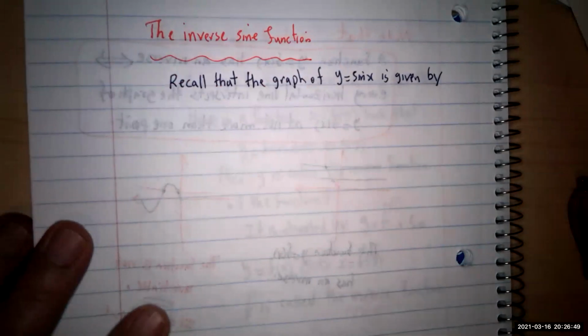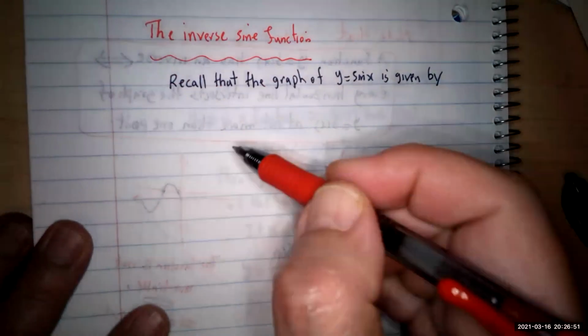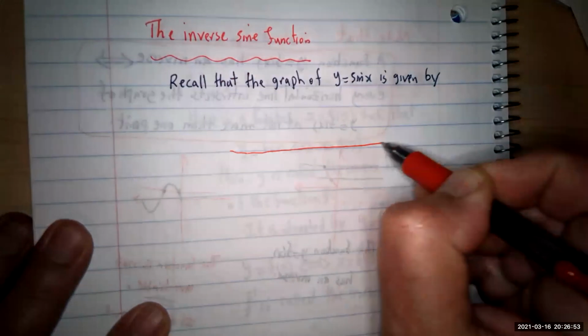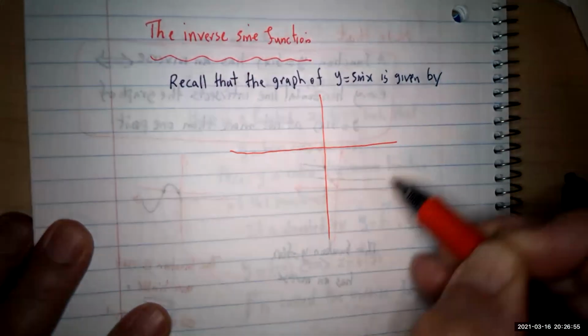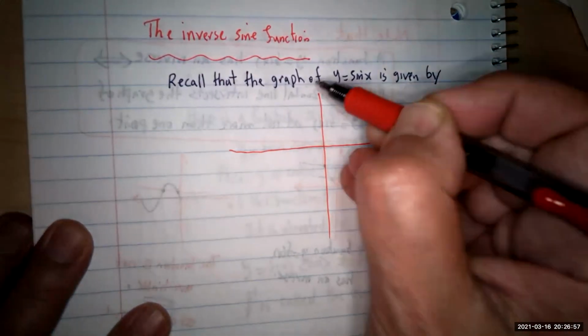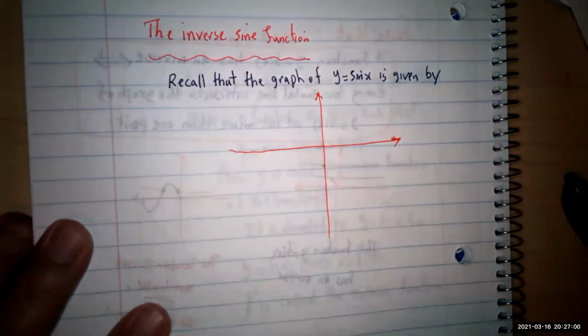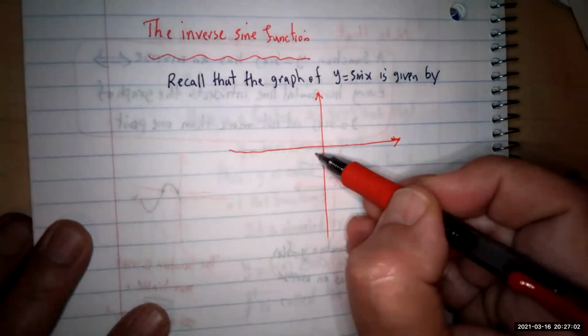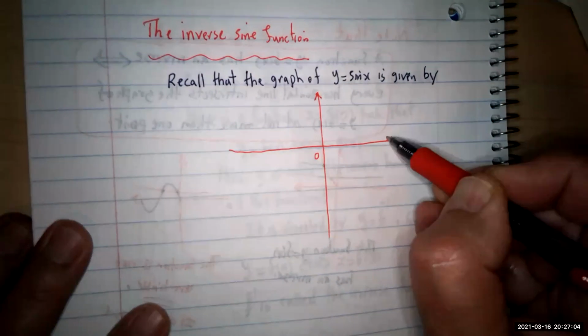Remember how we graph it? So this is it. I'm going to consider it in one period. We know the period is from 0 to 2 pi. This is it, 0, 2 pi.